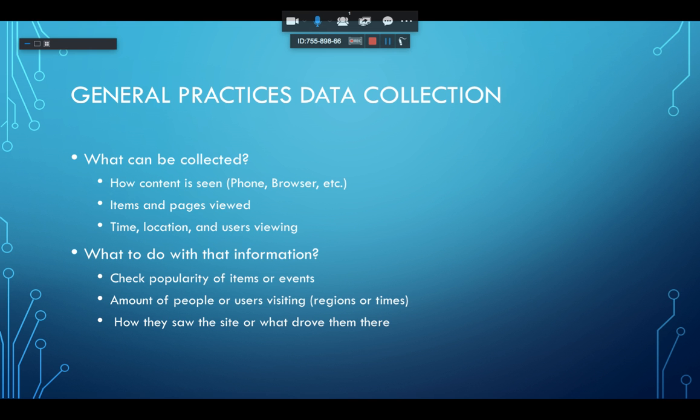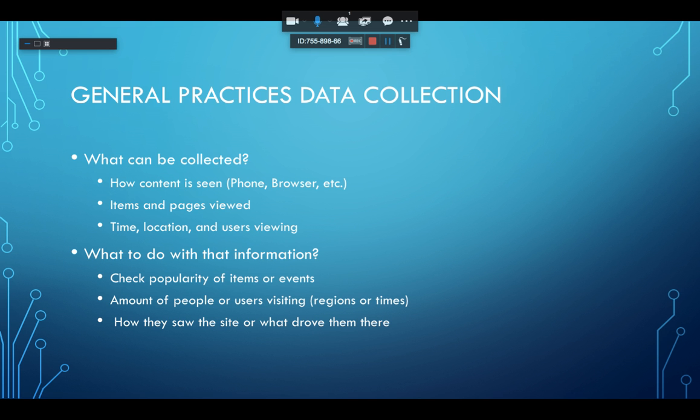Now, what can we do with that information? We can check popularity of items or events. So we can take what is very popular and base all of our sales on that. Maybe not throw all of our eggs in one basket, but throw more eggs into that basket because it's more popular. We can take the amount of users visiting the site to see exactly how much engagement we are currently having, especially using the region or times, and then what medium they're viewing the site on.